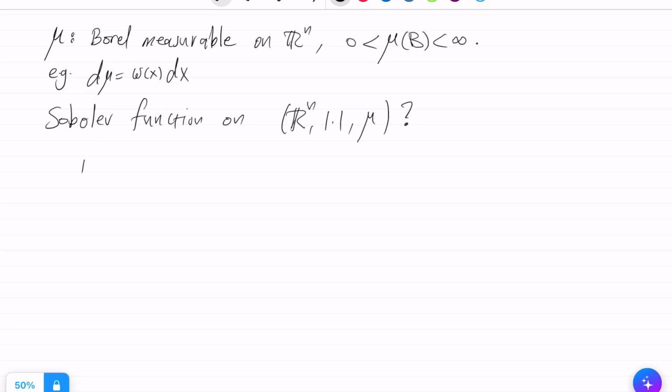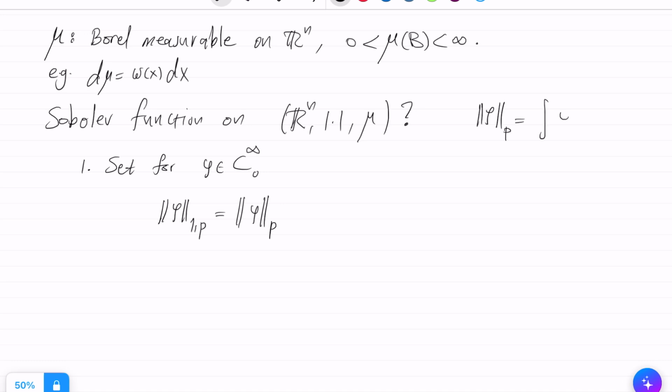So what you do is you define a norm on C infinity functions. So if you give me a C infinity compactly supported function φ, then I define a 1p norm on it, and all these norms will be with respect to the measure. So this will be integrating |φ| to the power p against the measure dμ on all of Rn, and then you take the root p.